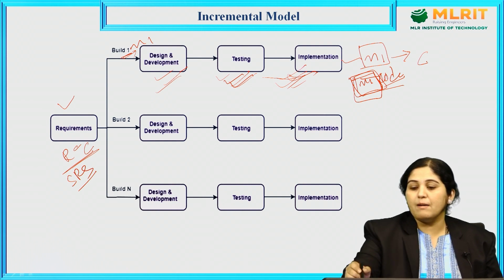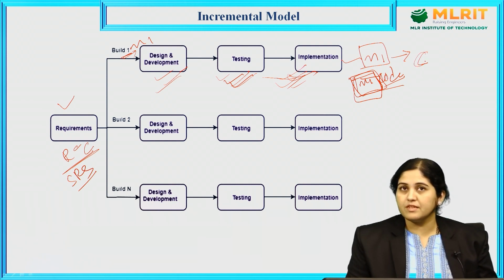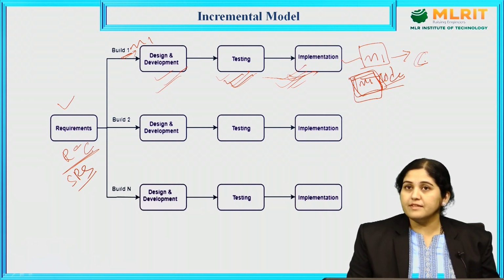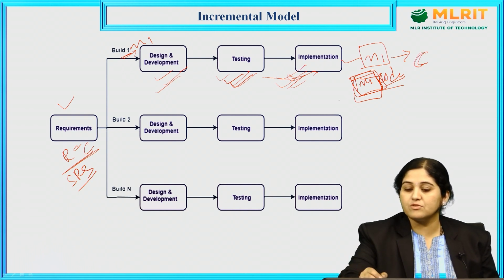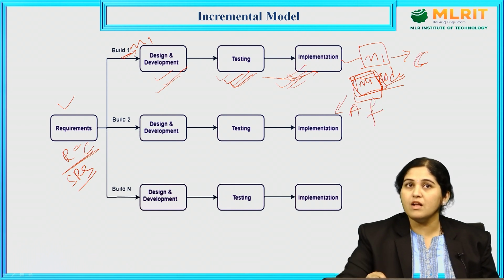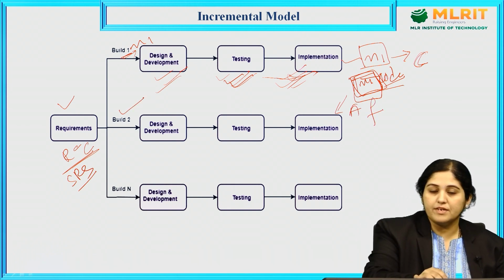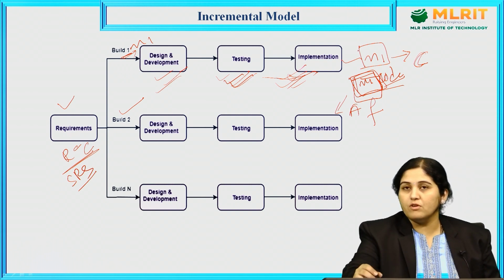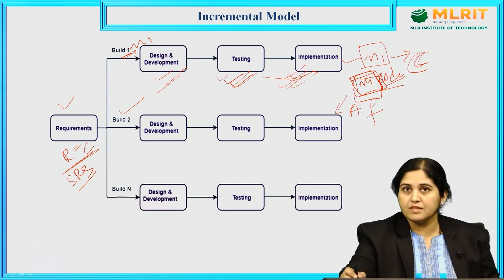Next, what will happen once the customer is using that particular module? After using it, he is going to understand whether he has to add any new application or new features to the next module. That is what we call a build. Suppose module 1 is ready, the customer is using that module, and module 2 is getting ready.